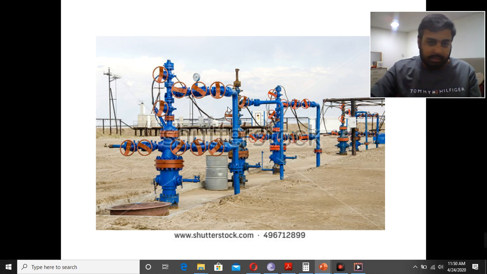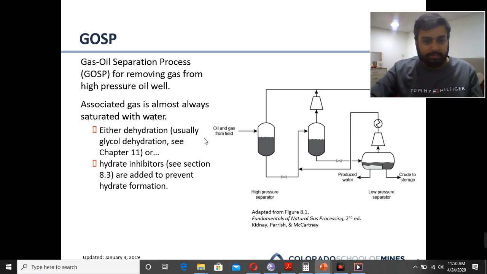So these are the pipelines that we have. And when the product, whatever it has, gas or oil or something, together, they go through this pipeline and mix together using the manifold into one big pipeline, which goes through the separator. That's what actually goes on here.